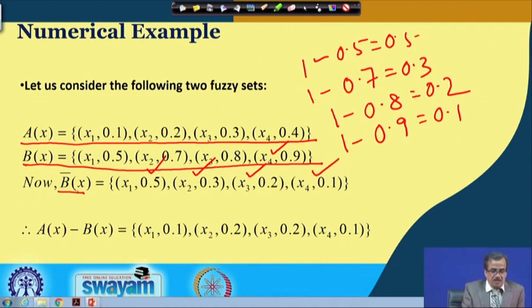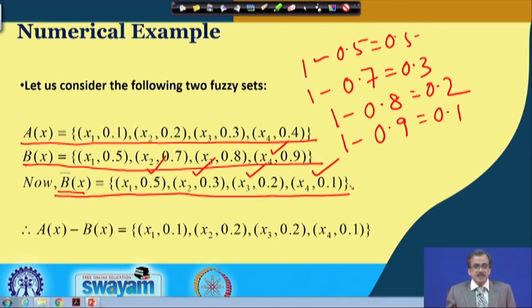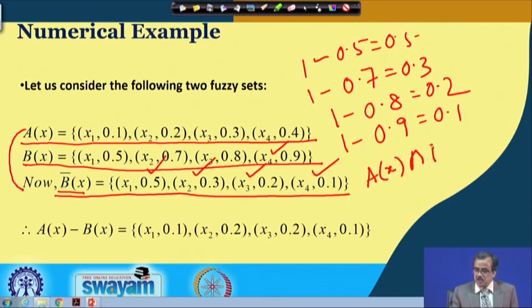So, this is nothing but the complement of B. Now, what we do is we try to find the intersection of this particular A(x) with B bar. Element-wise, I will have to find what the mu should be.